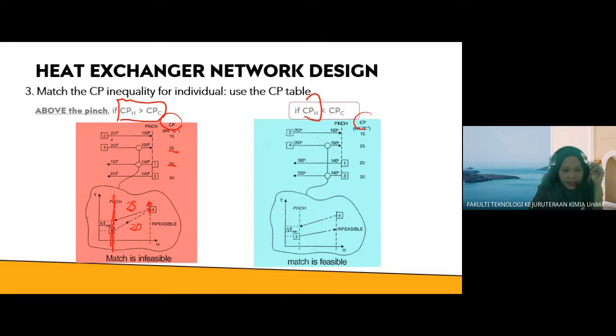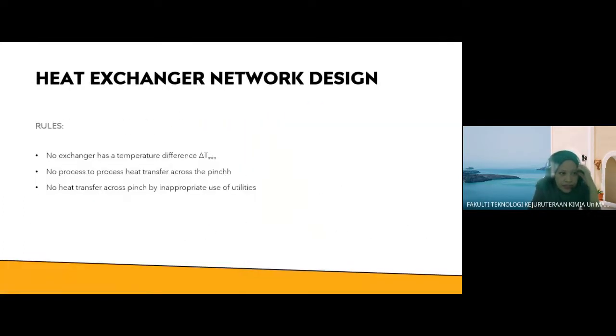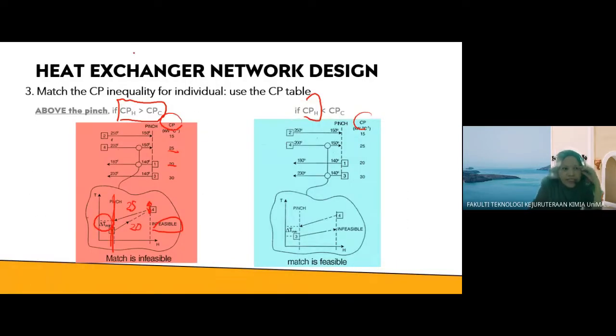So this T min is reduced from the value of your T min. So meaning that this is infeasible because according to the rules, no heat exchanger has a temperature difference lesser than delta T min. So you cannot design the heat exchanger if CPH is greater than CPC above the pinch. So you must follow this.